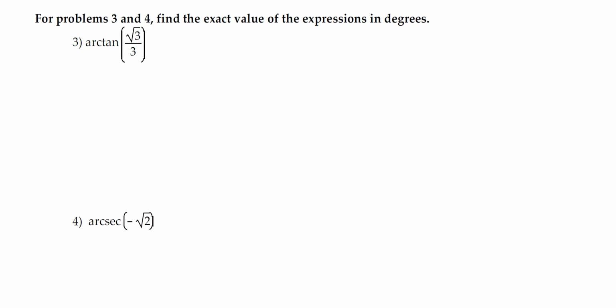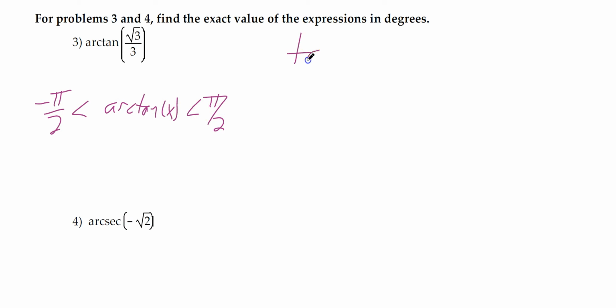So this is for problem 3 and 4. Find the exact value of the expressions in degrees. Arctangent, square root of 3 over 3. So first off, arctangent lives between negative pi halves and pi halves. So we're looking for an angle between negative 90 and positive 90 degrees.